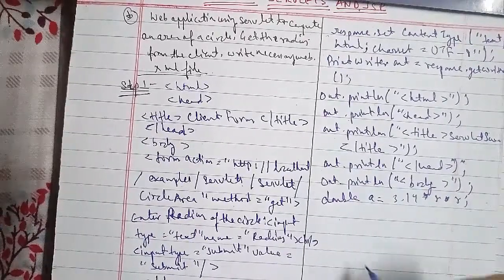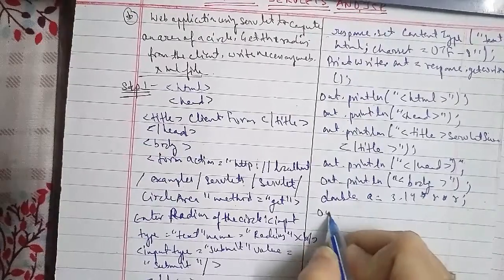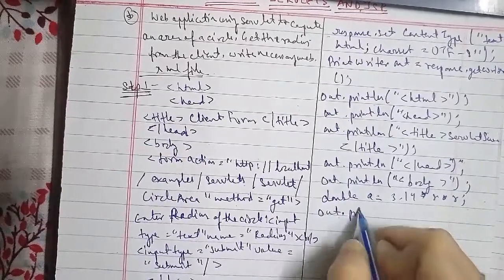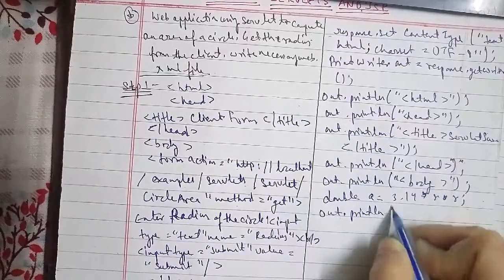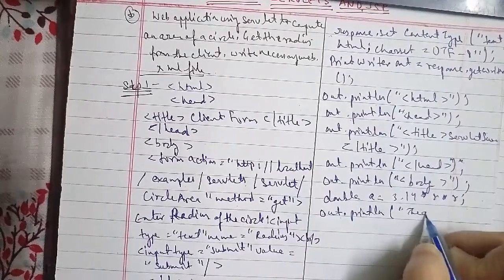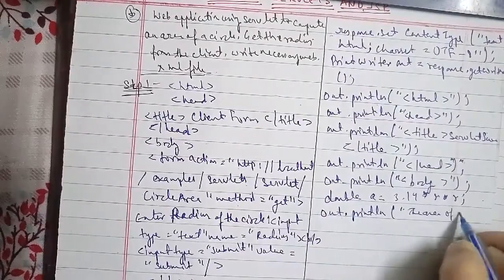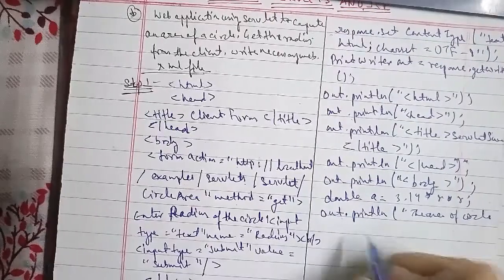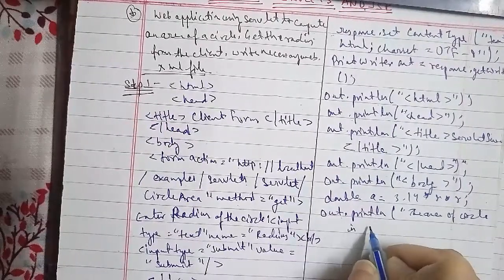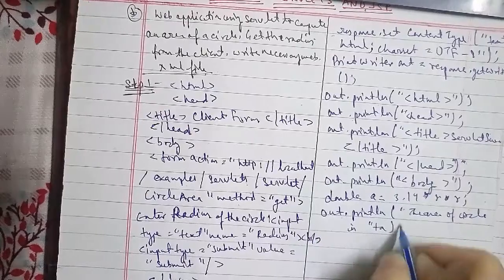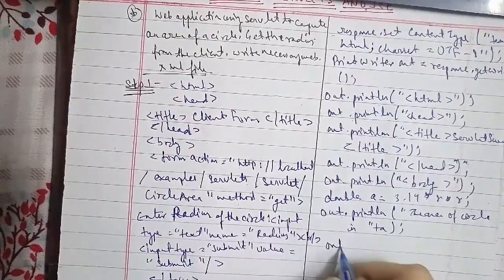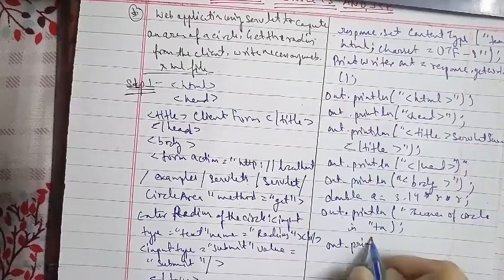Then we have out.println HTML tag close, that is out.close. Then we will close all the curly brackets here, all the two curly brackets.